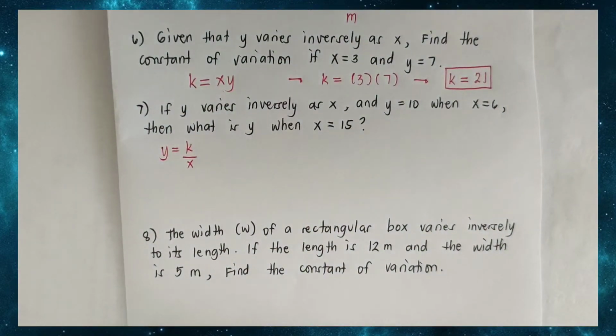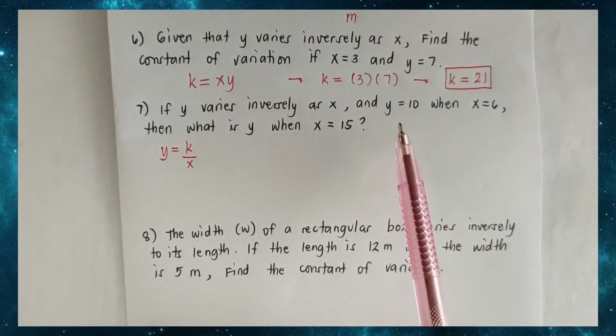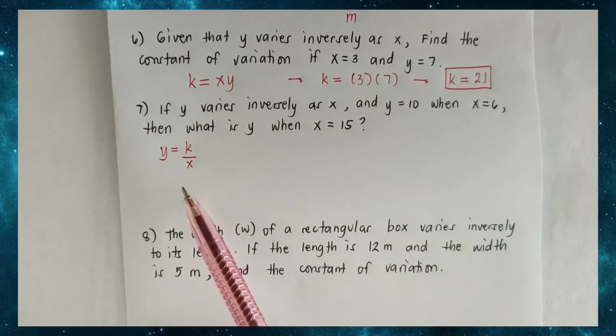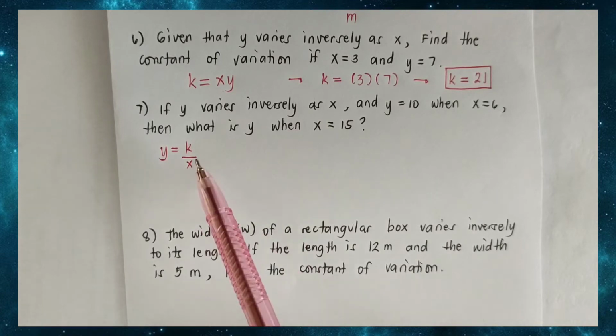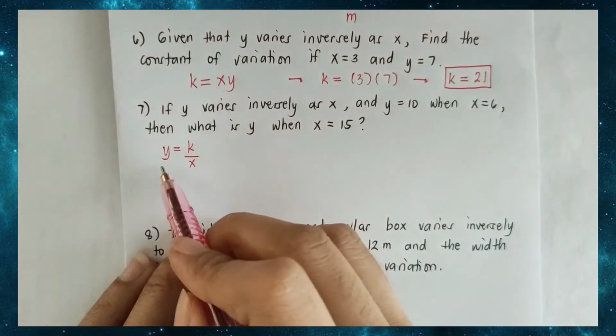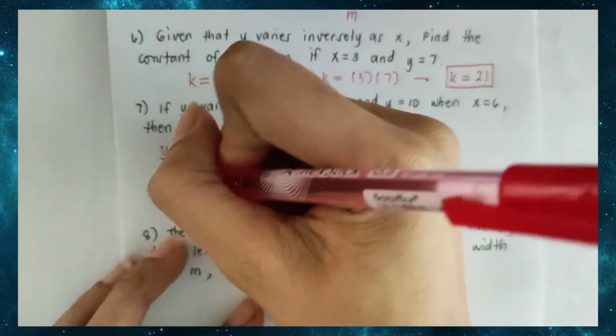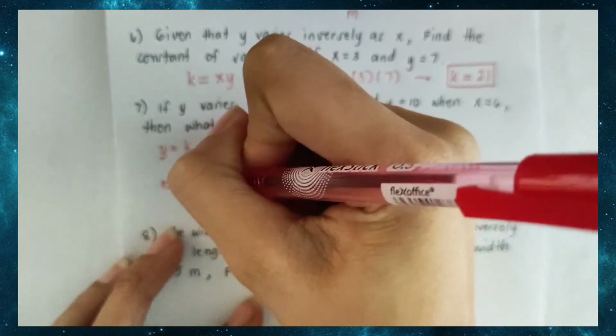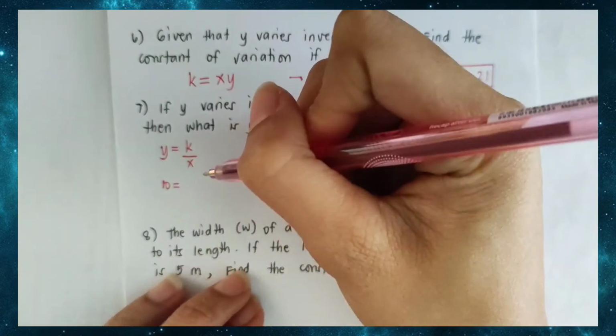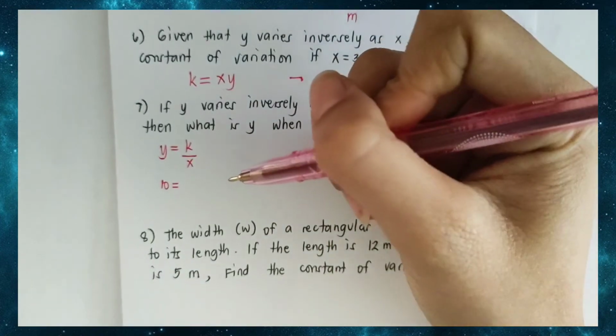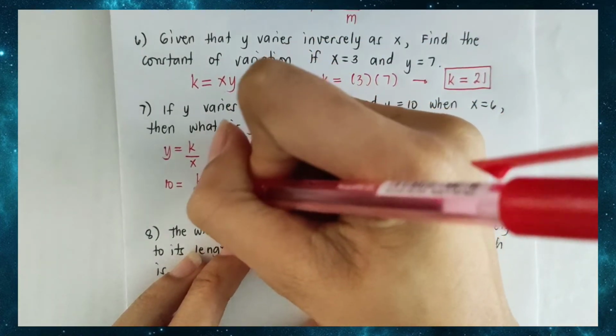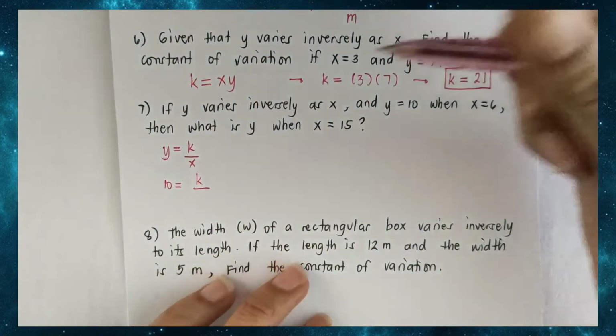We will substitute for the values of y, which is 10, and the value of our x, which is 6, in this equation for us to get the constant of variation, which is the k. Given y is 10 is equal to k over your x is 6.